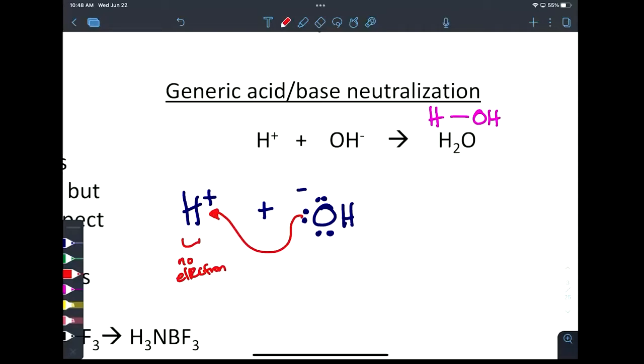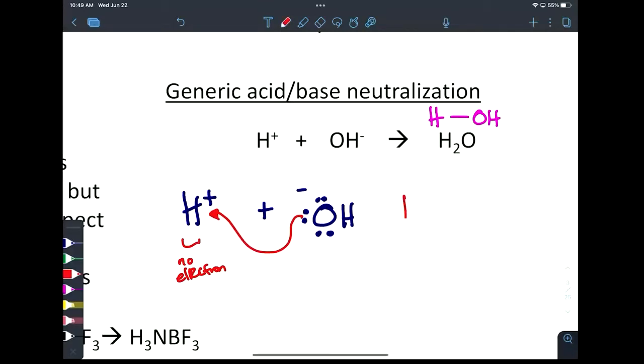So it's really important to recognize Lewis structures here. Because I can write OH-, but if you write out the whole Lewis structure for OH-, you would see that there are 3 lone pairs around that oxygen in order for it to have a complete octet. Do you see how that bond's being formed?